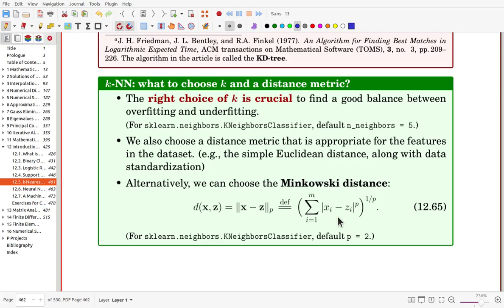Alternatively, we can use some other distance, like the Minkowski distance. Once p is 2, then that is Euclidean distance, and when p is 1, then it is L1 norm distance. You can use some other distance metric, but the default is Euclidean distance, and in most cases it works well.